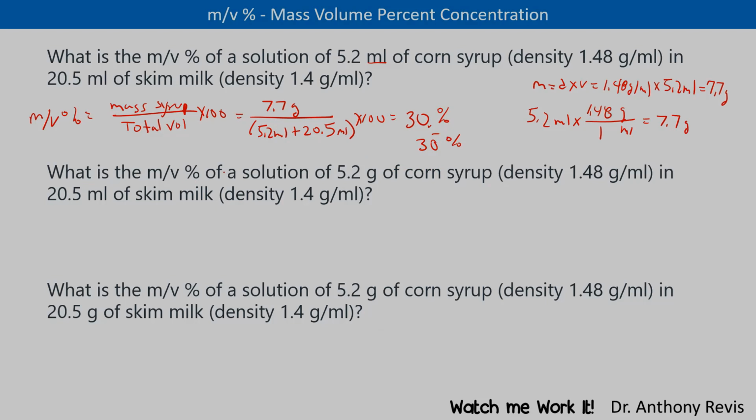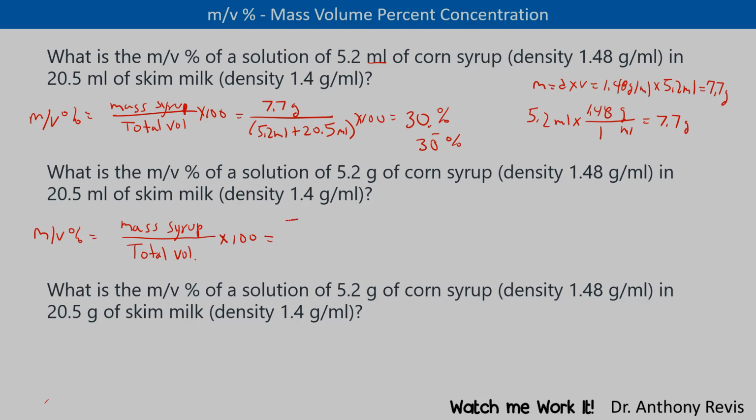What is the mass volume percent of a solution of 5.2 grams of corn syrup having a density of 1.48 grams per mL in 20.5 mL of skim milk having a density of 1.4 grams per mL? So we set up the mass volume percent, which will equal the mass of the syrup over the total volume, times 100 for percentage purposes.